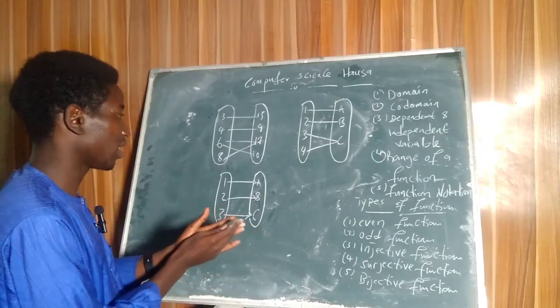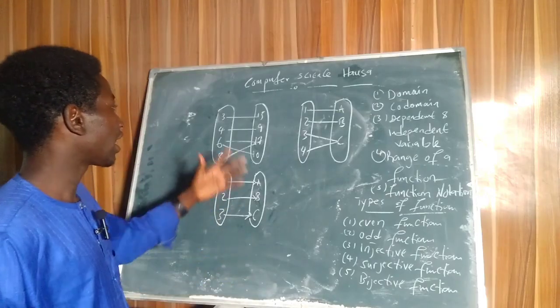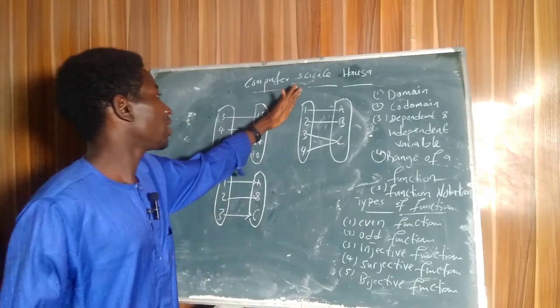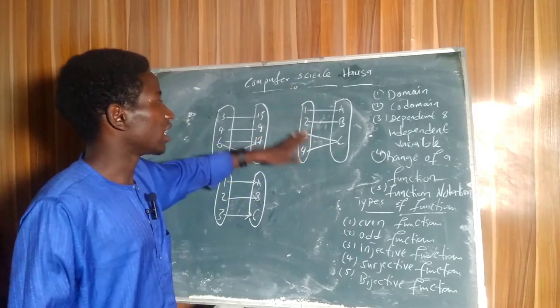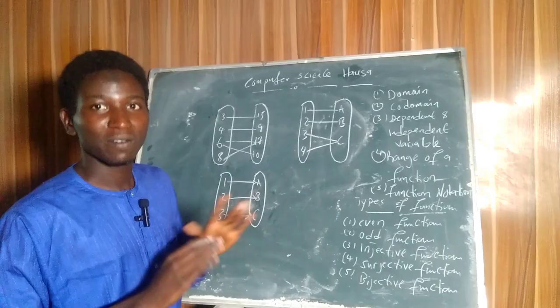Akwai wani function wanda ba a rubuta ba, za ka ga maybe identity function. Identity function is idan ya kasance element da suke cikin input ɗinka they are equal to the element of your output, wannan function ana kiran shi da identity function.